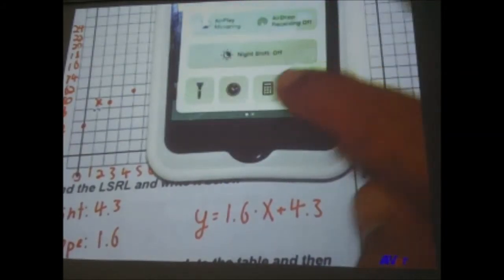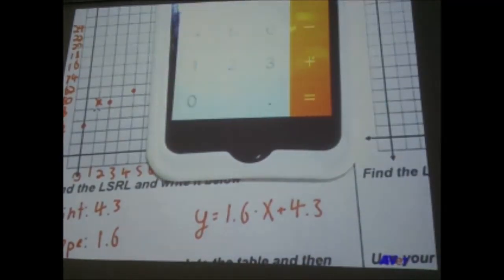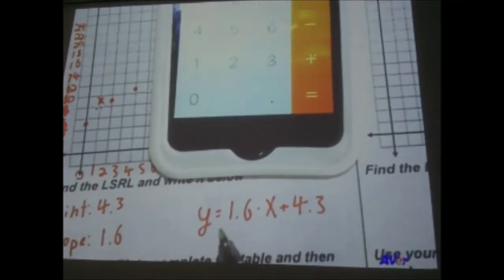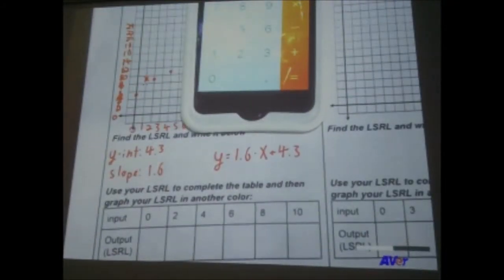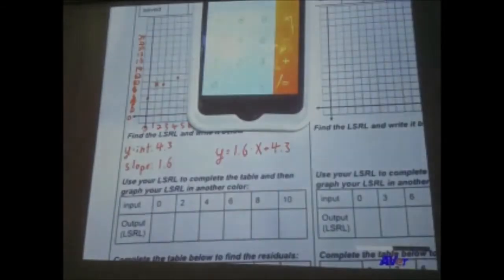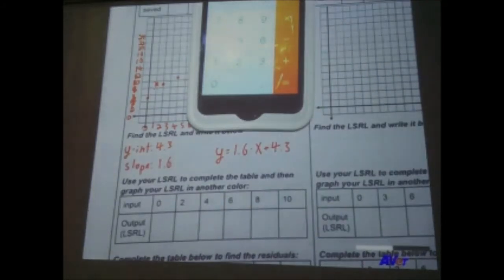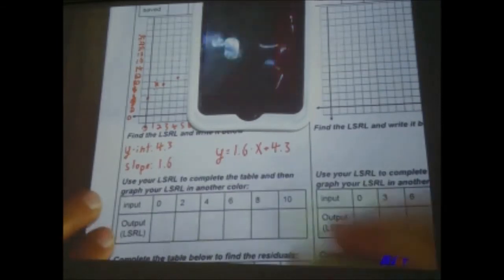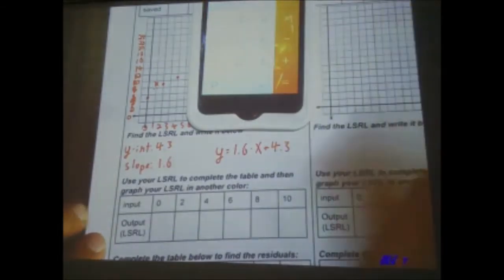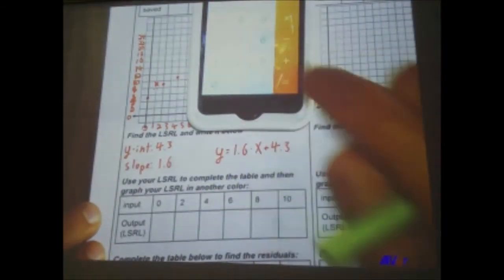So now we're going to use our LSRL to complete the table below. All we got to do is plug these numbers right here into the LSRL and graph them. I'm going to do the equation, which is 1.6.